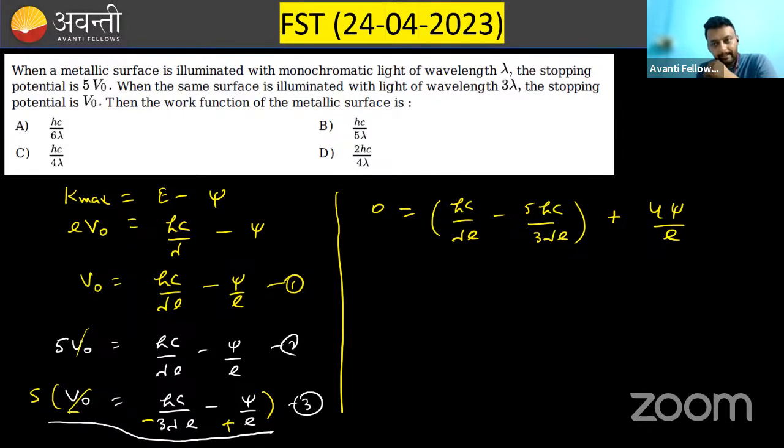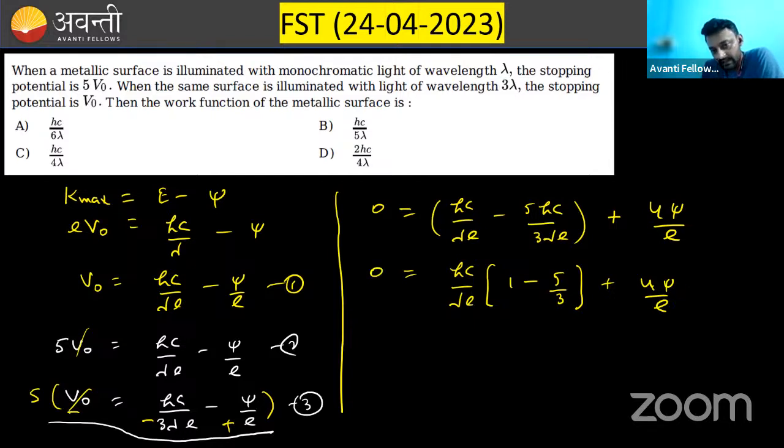Now you can see that hc by lambda e is common. 1 minus 5 by 3 plus 4 psi by e is equal to 0. That is 3 minus 5, that is minus 2 by 3, so minus 2 by 3 hc by lambda e.